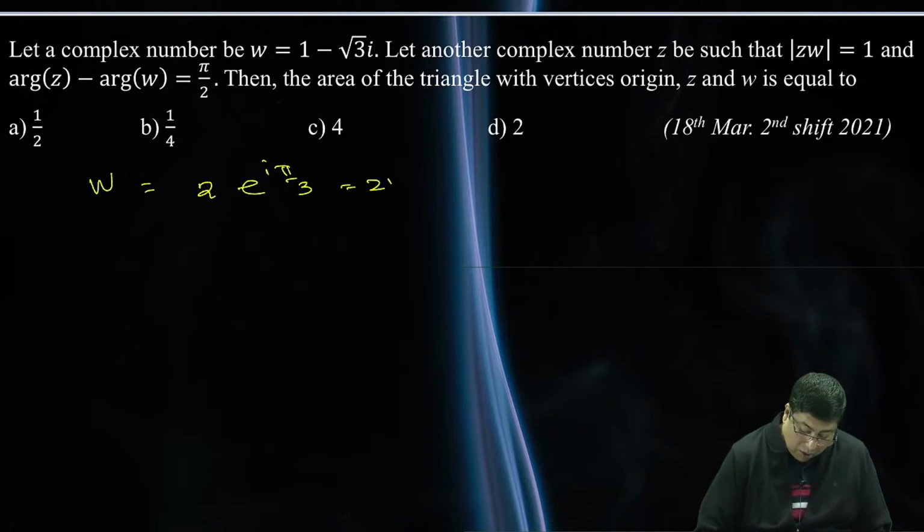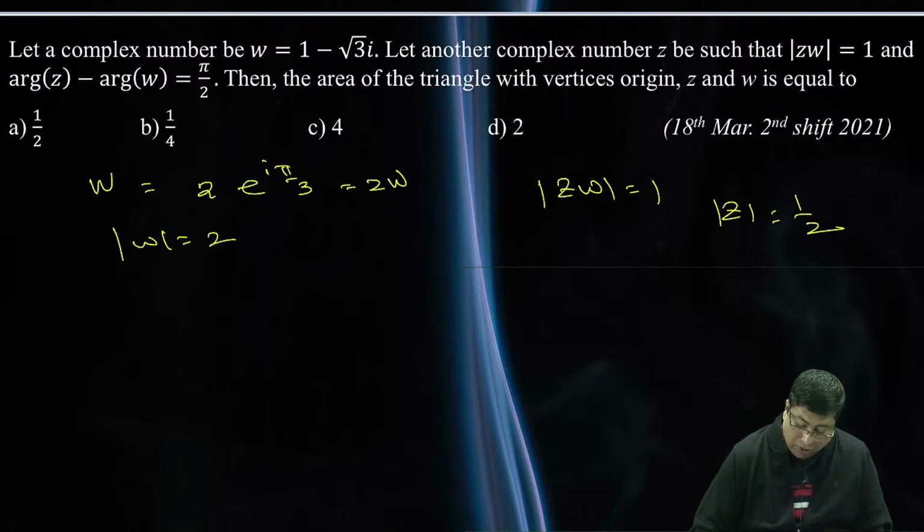That is coming 2 omega. And therefore, here we are getting mod ZW equal to 1, mod of W equal to 2, therefore mod of Z equal to half. So let Z, we can write this as half into e to the power I theta.